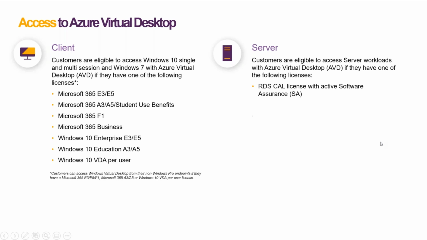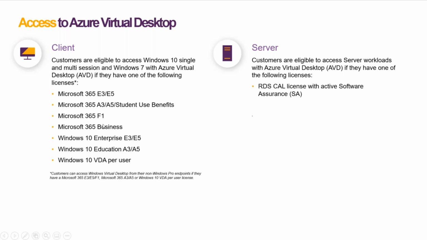A Windows Server AD on-prem is synchronized with Azure AD, so the user is sourced from the Windows Server AD, and the AVD VM is joined to your on-prem AD domain. So there are some prerequisites here, but from the licensing perspective, it's really easy and simple.